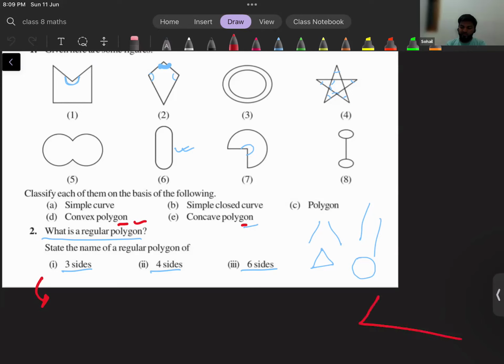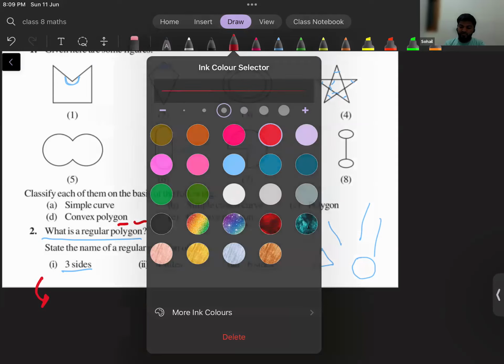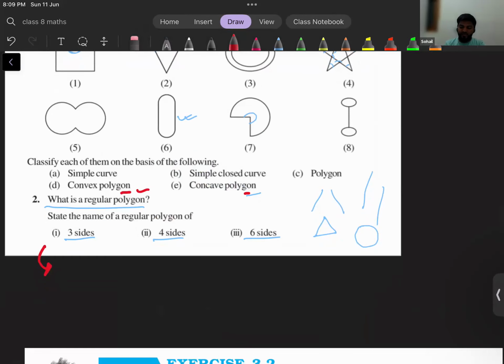A triangle could be like this also, but you need to name a triangle which is a regular polygon. Equilateral triangle, exactly.